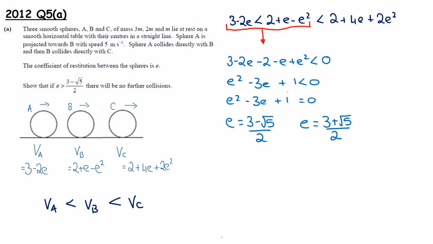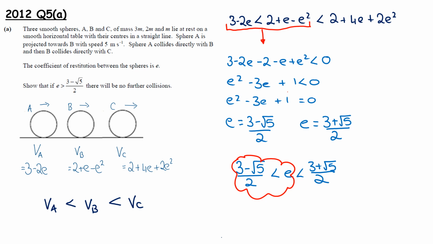And then whatever way you want to work to get it, you can sketch it or you can do substitutions. We end up with 3 minus root 5 over 2 is less than e is less than 3 plus root 5 over 2. And that is where we get the part that they wanted us to have.